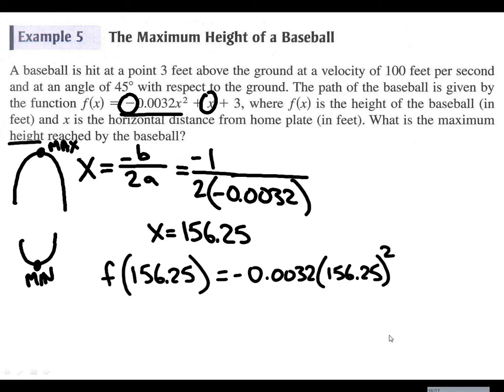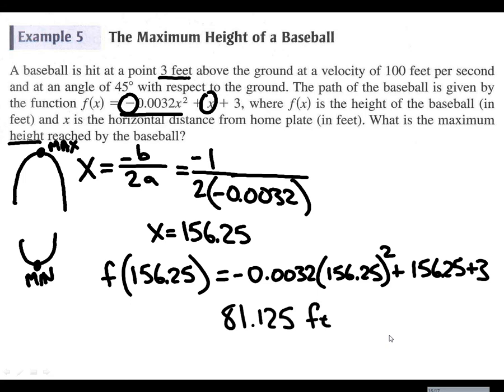In this case, we square it. In the next case, we just add it. And then finally, we need to add 3 because the starting point was 3 feet off the ground. Plug all those things in, and you should end up with 81.125 feet off the ground.